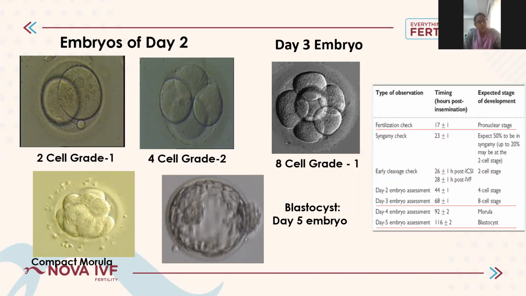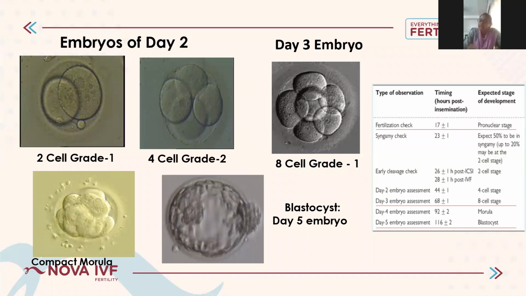Okay, so these are the stages of the embryo. Like your doctor tells you that we are transferring day 3 embryos, or we are transferring day 5 embryos. What do they mean? See, once we take out the egg and the sperm, we fertilize them, and the cells of the embryo keep dividing every day. First it becomes a 2-cell stage, then a 4-cell stage.